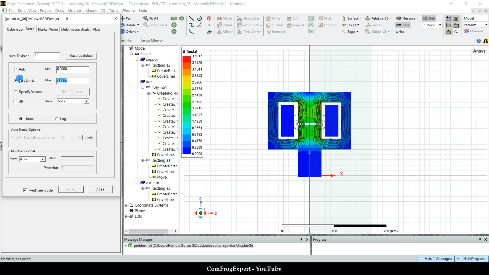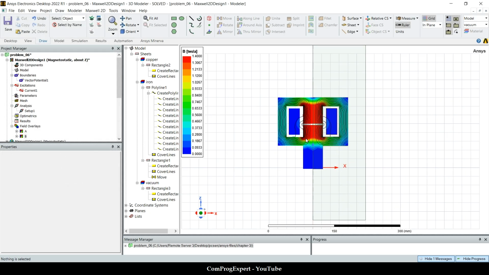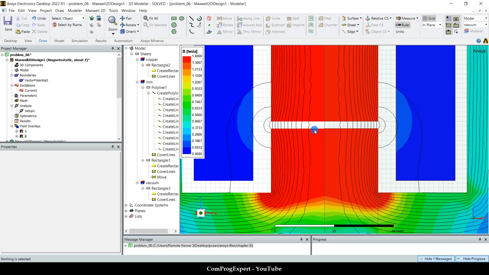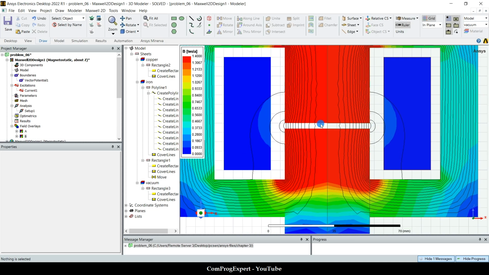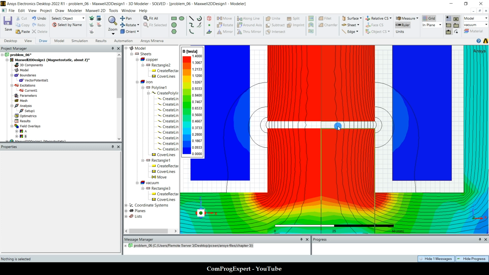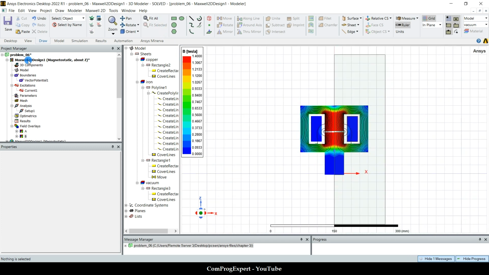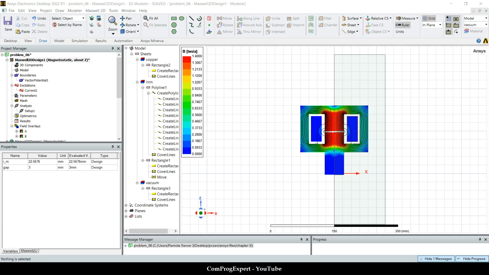Again, let's set the scale. This is the solution of this problem. We have this fringing effect. Also, you can plot the Z component of B in the middle of the air gap. The thickness 3.114.